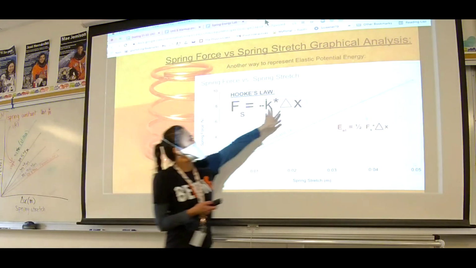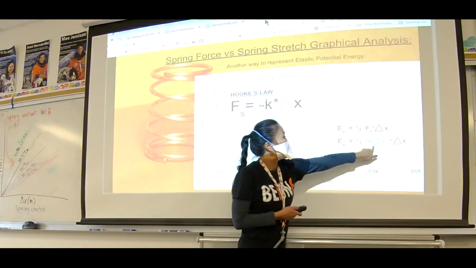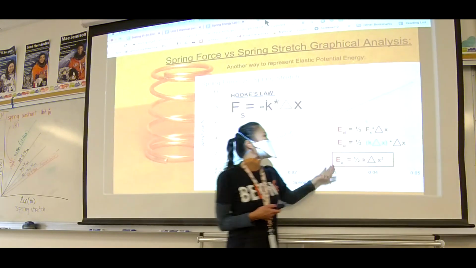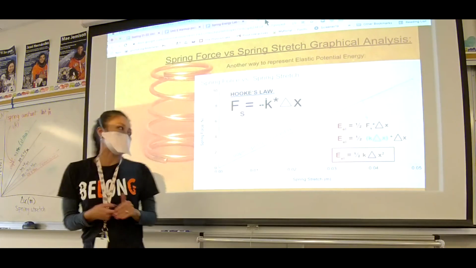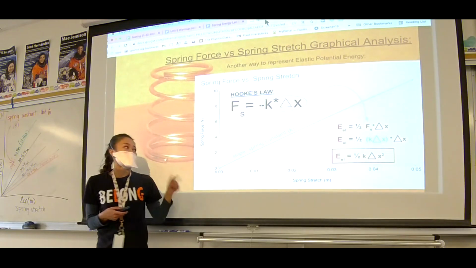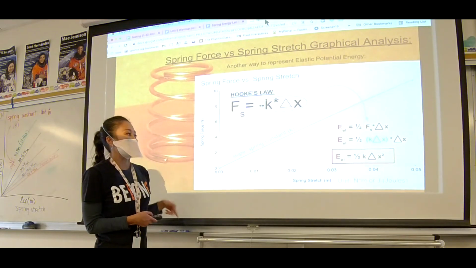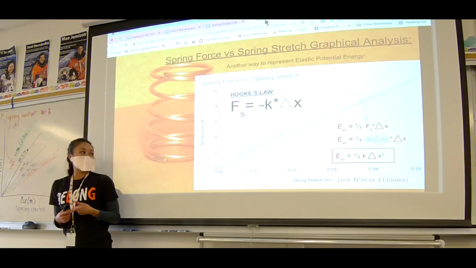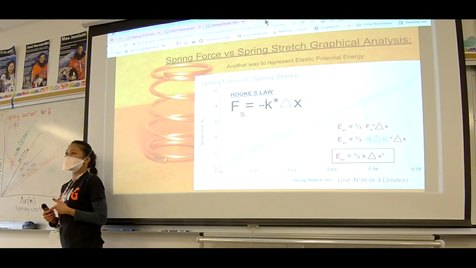If I substitute this in here and simplify, this gives me my second elastic potential energy equation, 1/2 K, your spring constant, times delta x squared. And again, your unit can be represented by J for joules.